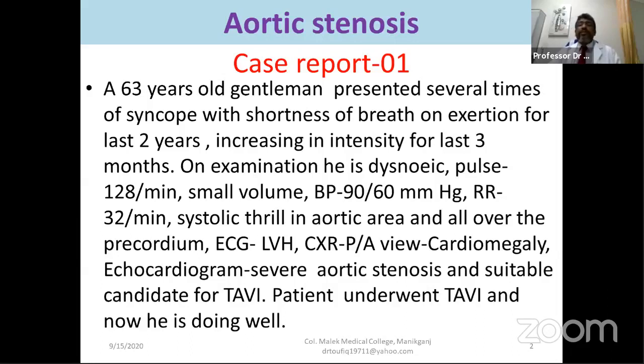So when we consider the pathogenesis of aortic stenosis, we will know which type of aortic stenosis affects which age group of patients. It will be better to understand and to memorize.